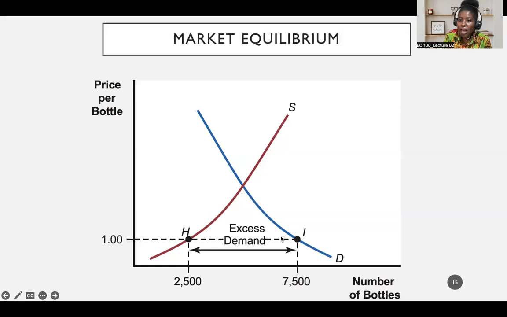So you have excess demand, because more people are demanding but less is being supplied. Among the people queuing for $1, some will say, not everyone is going to get the 2,500 peanut butters. So there will be people who say, I'm willing to pay more than $1.